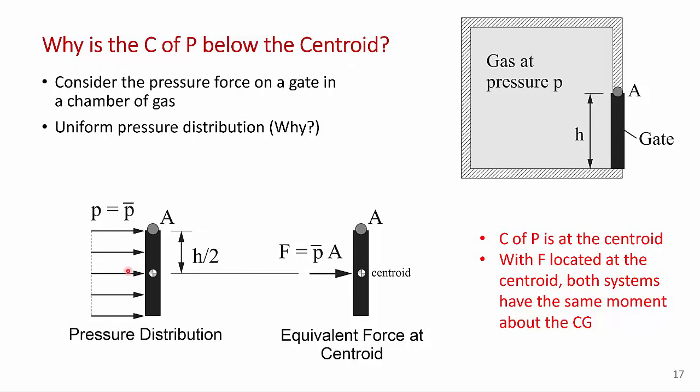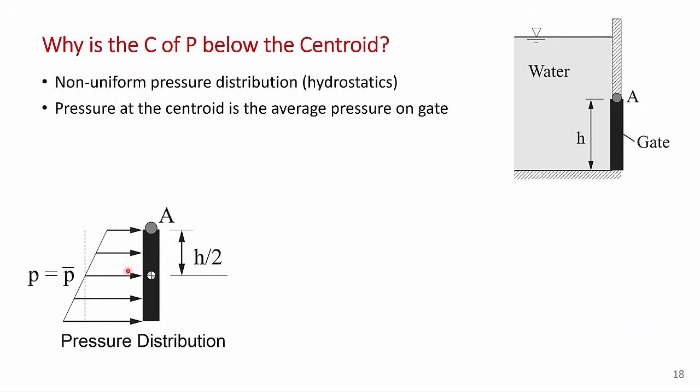But now let's return to the case where we have a non-uniform pressure distribution, because when we have liquids and we're considering hydrostatic pressure distributions, the pressure distribution ramps up linearly here. So now we're considering a reservoir with say water, so we'd have a linear pressure distribution on this gate.